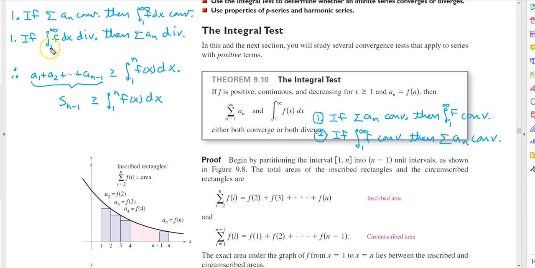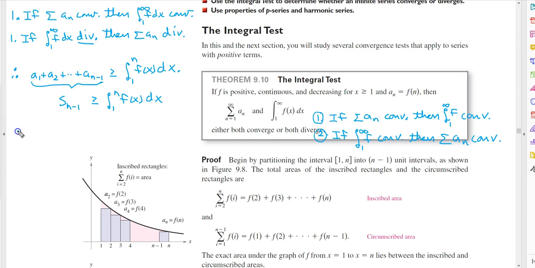However, we're assuming that the integral from 1 to infinity of f of x is diverging. So what's happening now for the right hand side here, then if this diverges, that means that the limit as n goes to infinity of the right hand side must be infinity.